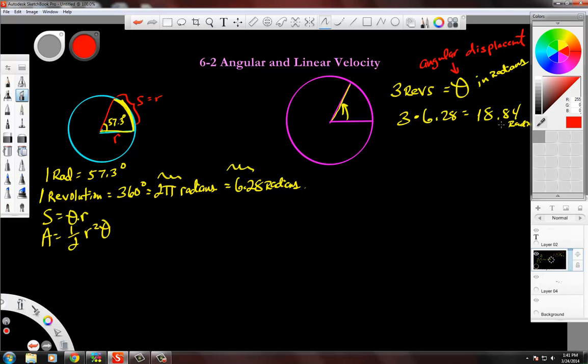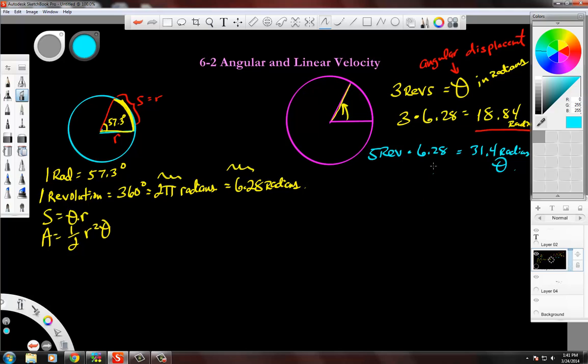Well, it went around 18.84 radians. Okay, this would be the answer. So just to make sure everybody's got this, what about 5 revolutions? Well, you would just take 5 times 6.28, and that would be 31.4 radians. And that would, of course, remember, be theta.